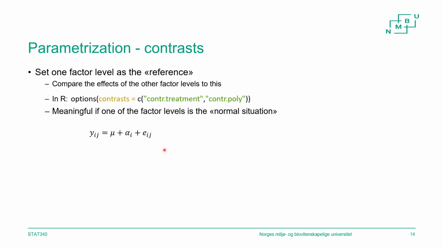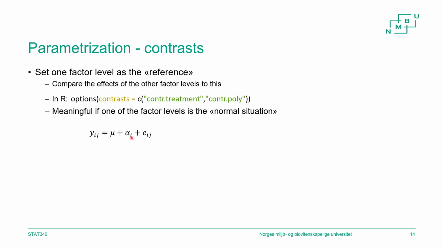Then we typically write the model equations slightly differently, like this. The response is here again, right? i for each factor level, j for each observation inside the factor levels. And notice we now have a parameter mu here, without any index, plus, and then we have some alphas here.